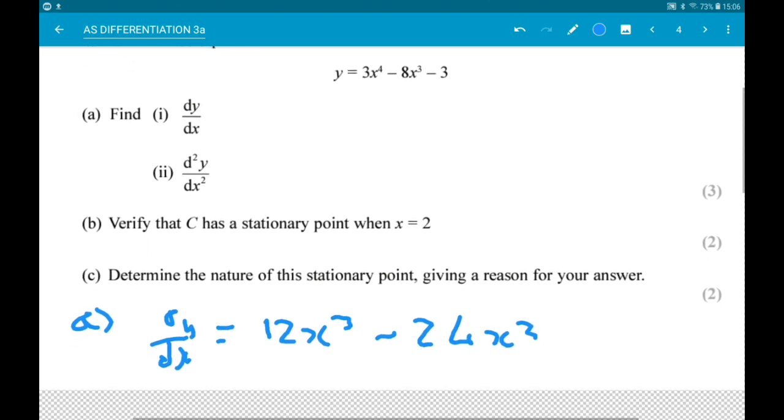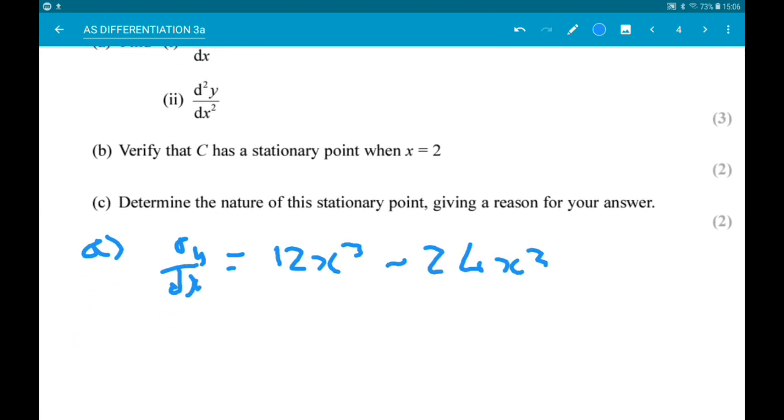Now our second derivative is then going to be 36x squared minus 48x.